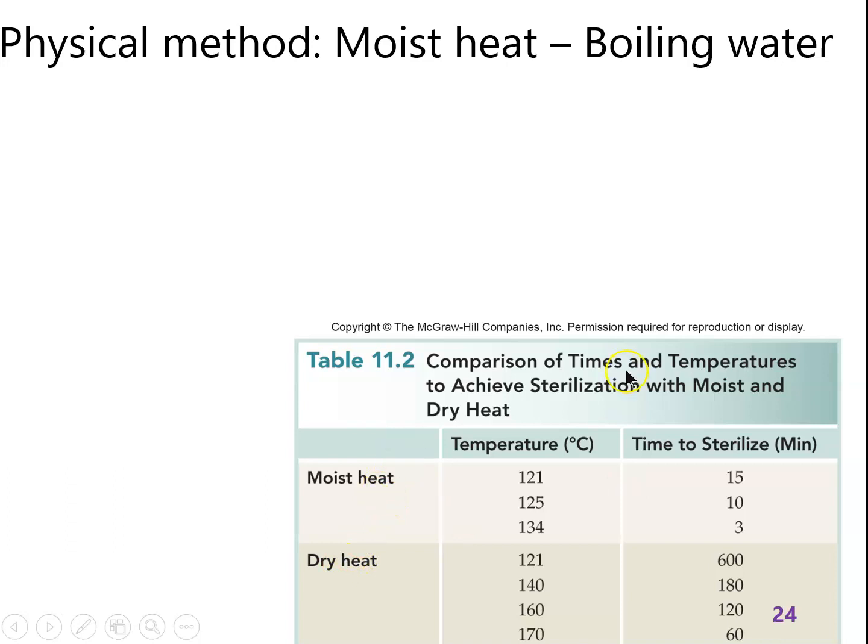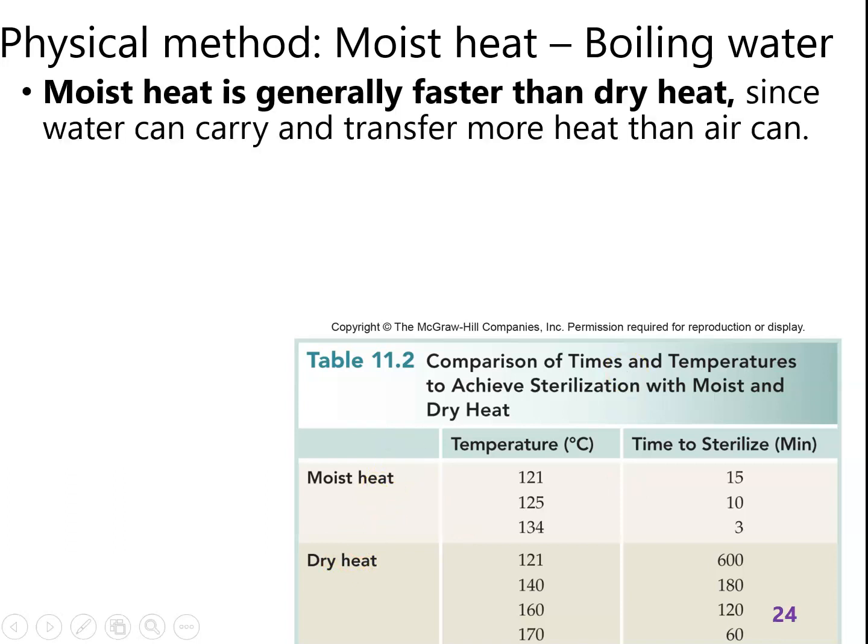So why is it so much faster to use moist heat for sterilization or disinfection than dry heat? Well, that's because water carries more heat than air does. Water molecules in air carry a lot of heat, and they can transfer that heat to other materials or to whatever they're touching. This is an important distinction.